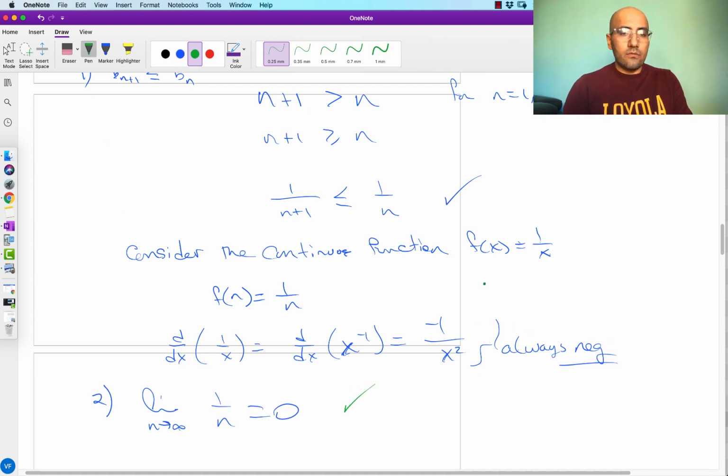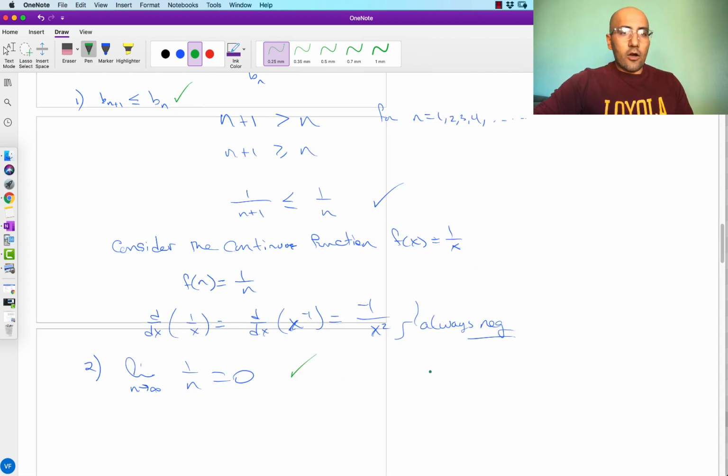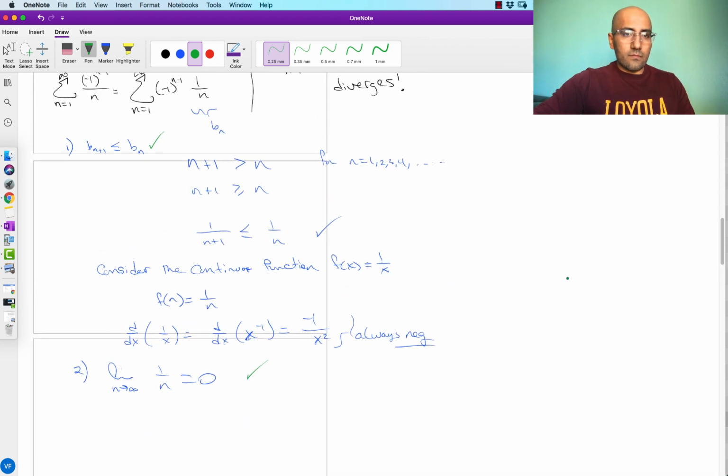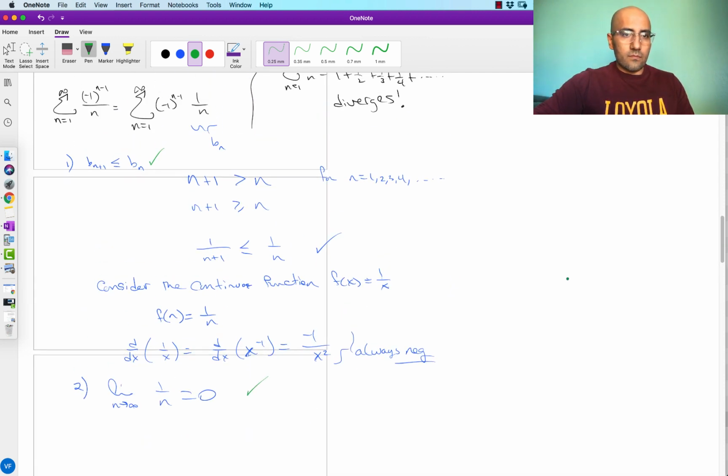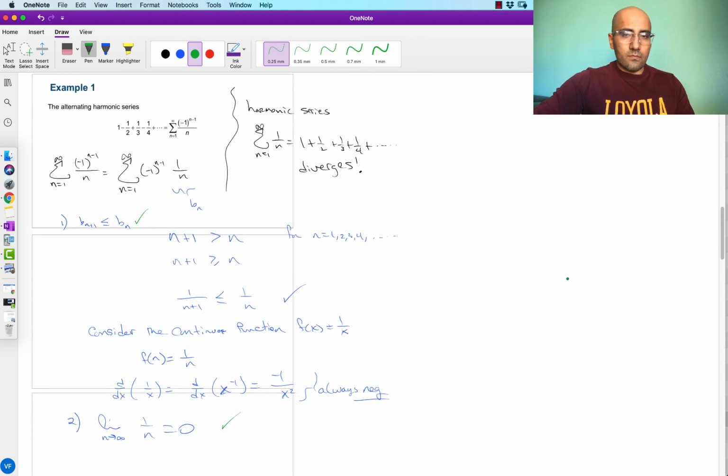Yes, that's true. And we've also shown that this is also true. So by the alternating series test, we've shown that the alternating harmonic series converges. So we've shown this is true. We've shown that's true.